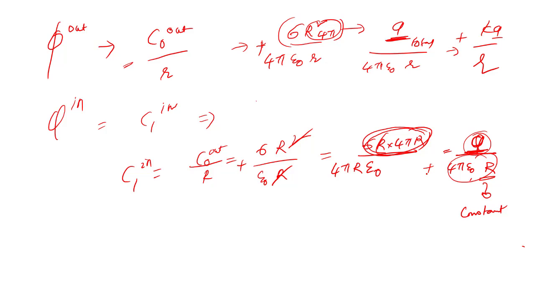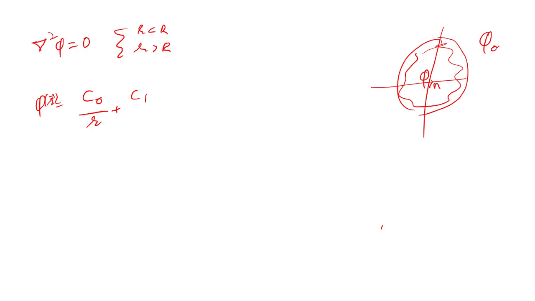So note that. To summarize, what we had done is we have taken a charged sphere. The charge is only on the boundary, right? And then we saw that del squared phi is equal to 0 inside and outside. We found a general solution C0 by R plus C1, and we wrote this for inside and outside.